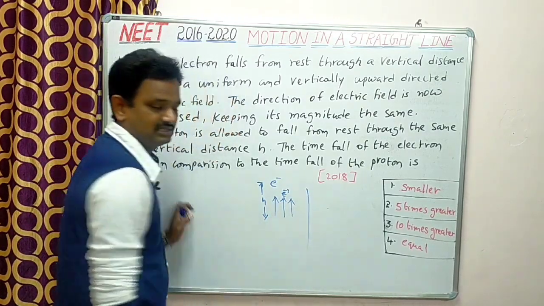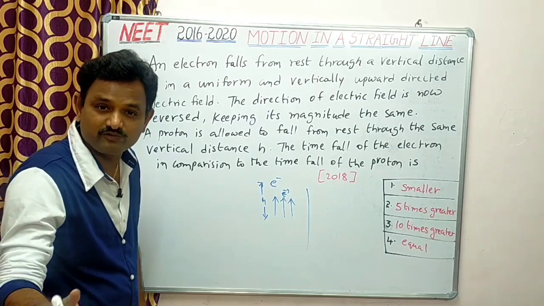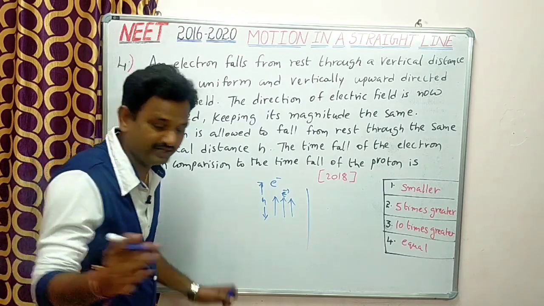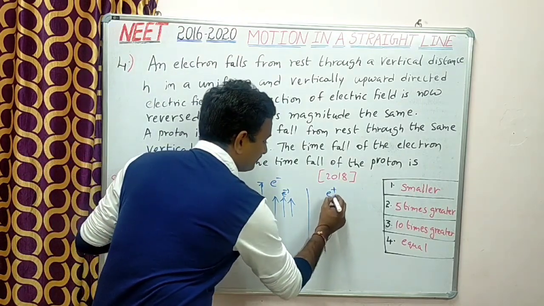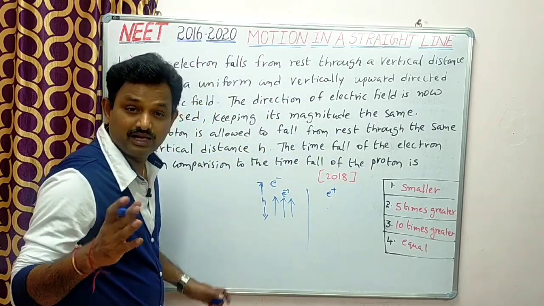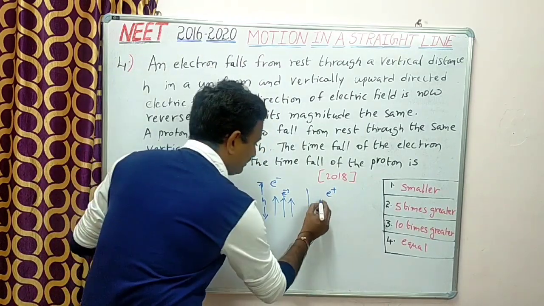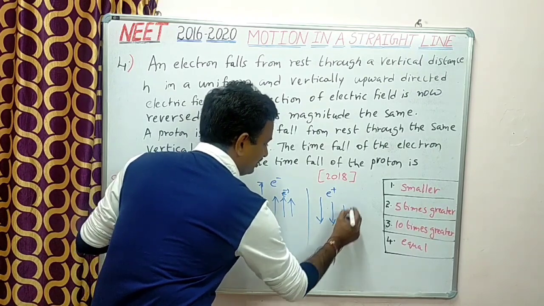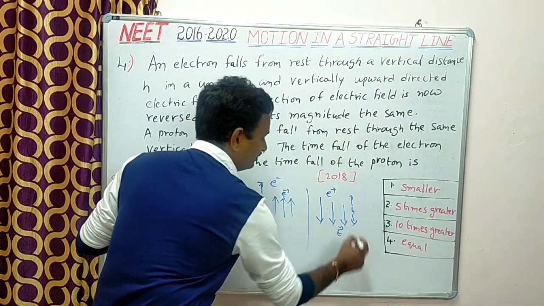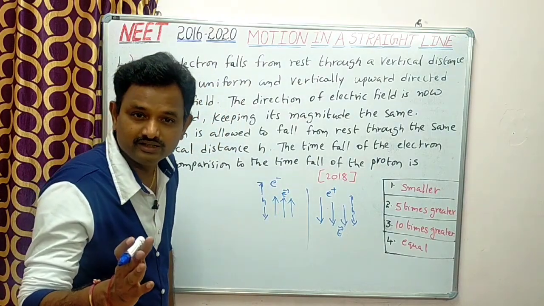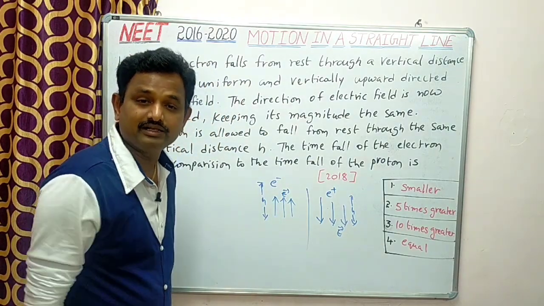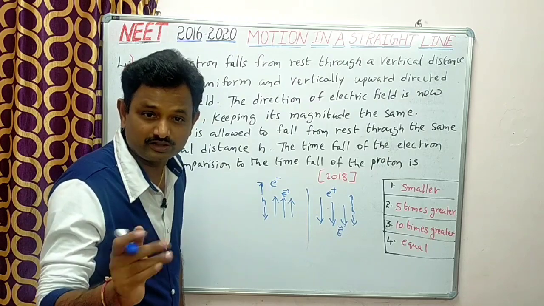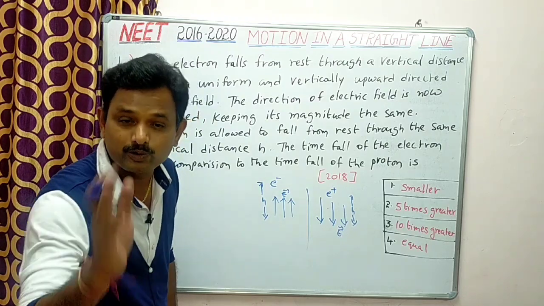In the next case, the proton is falling from the same height from rest, that is E plus, when the electric field is reversed. That means the direction of the electric field is now reversed. So it is also falling from the same height. Okay. So here we need to compare the time taken by the electron with the proton.